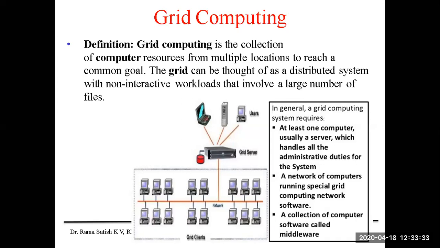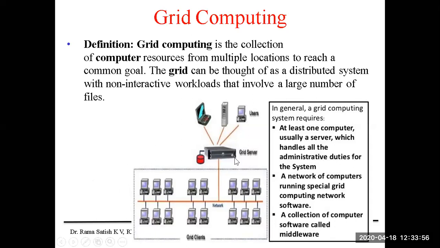That involves a large number of files. Generally you have a grid server which maintains a lot of computers, and computing takes place on all computers, which we call grid computing. Users are normally connected to the grid.